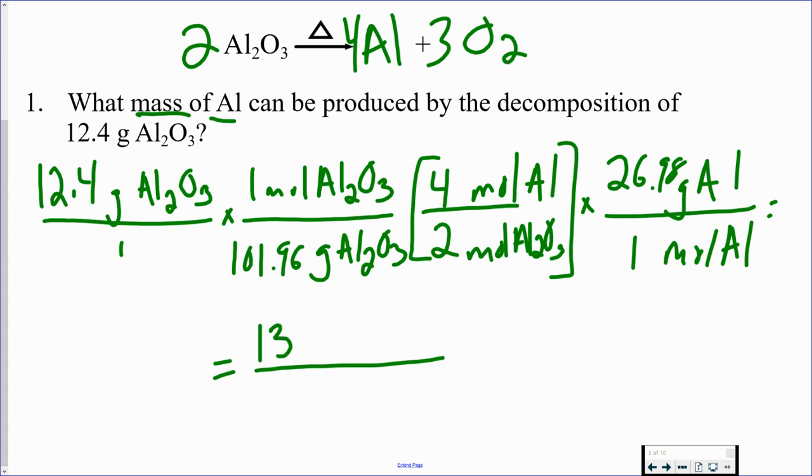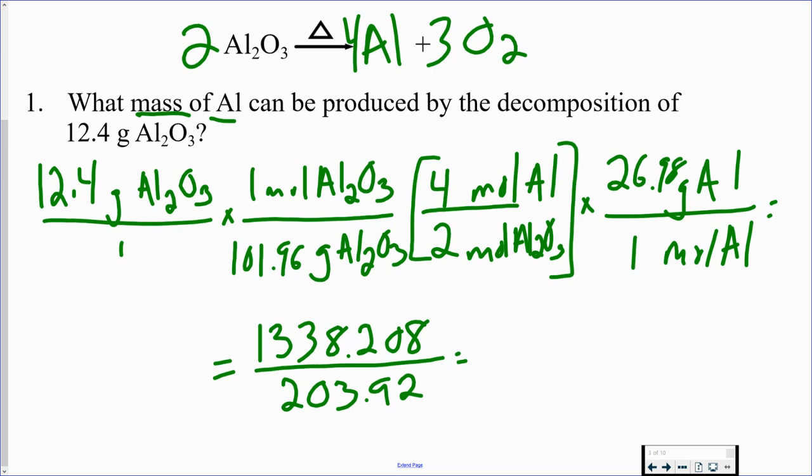The tops I got in my calculator 133.8.208. I was a little excessive with keeping the numbers. As long as you keep about 4, you should be okay. And then last but not least, the denominators multiplied together is 203.92.